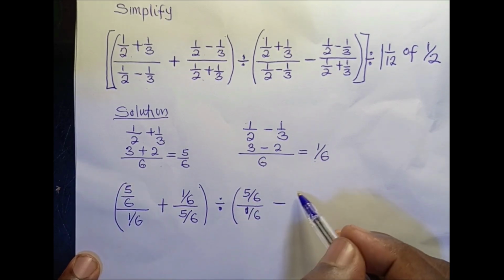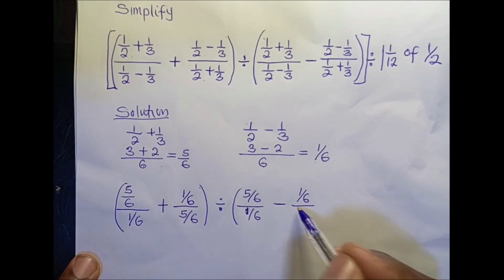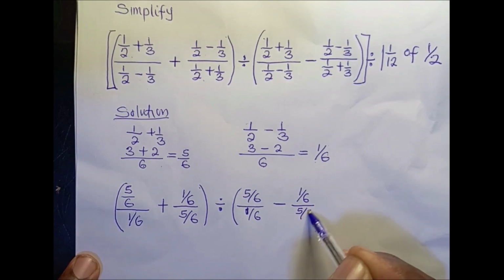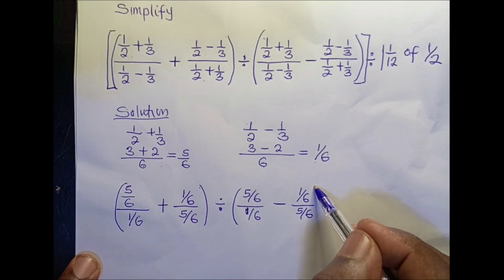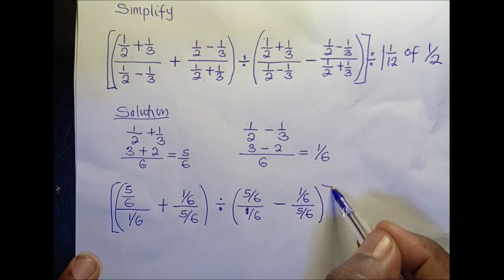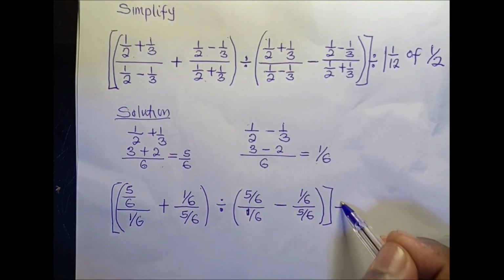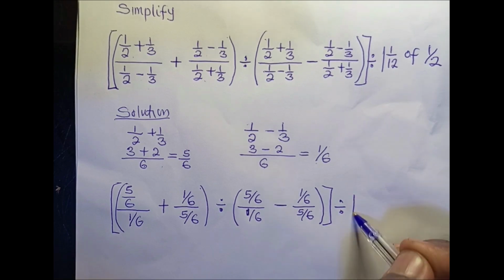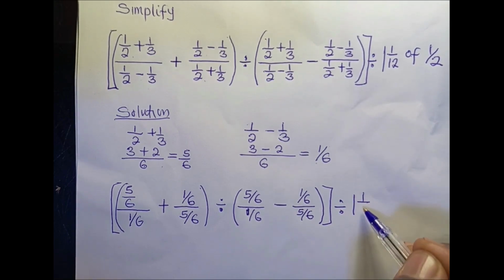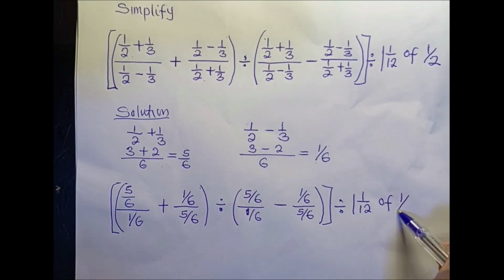Minus sign, that will give us 1 over 6 divided by 5 over 6. Bracket close. Let's bring the bigger brackets here because the whole of this one is seen as 1. So divided by one whole number, 1 over 2, a half.